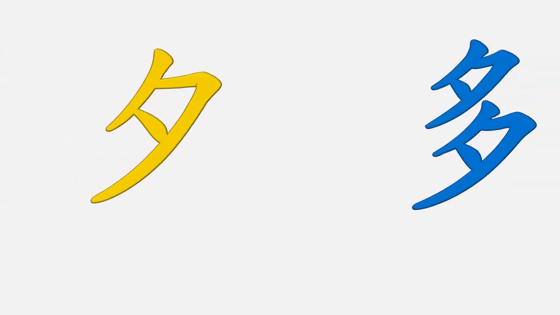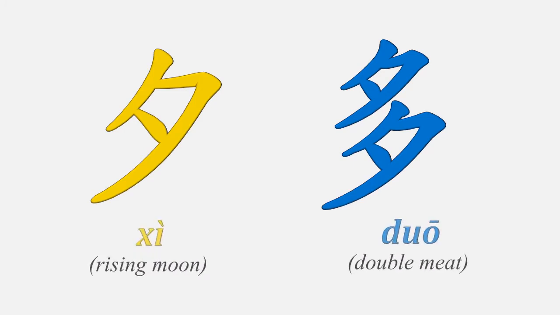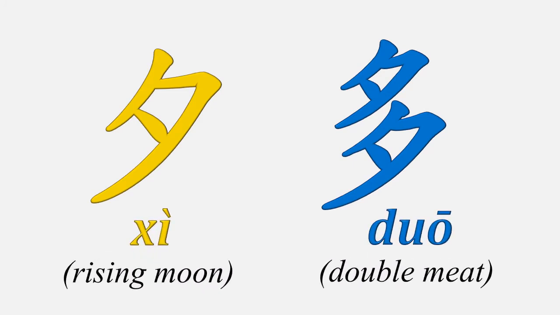Just a striking resemblance between the character for rising moon, 夕, in lesson 15, and this double meat character, 多. You're absolutely right. The writing strokes are identical, but one means the rising moon and the other a double portion of meat. And since we're talking about this resemblance, let's look at the usual character for the risen moon.